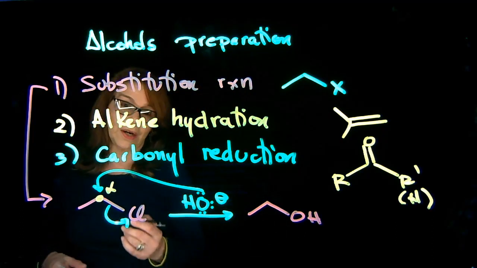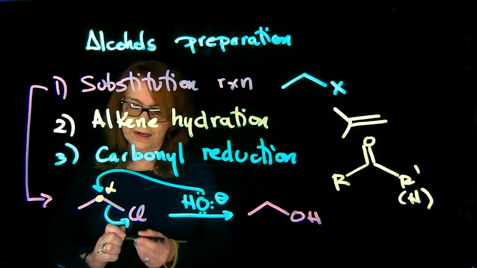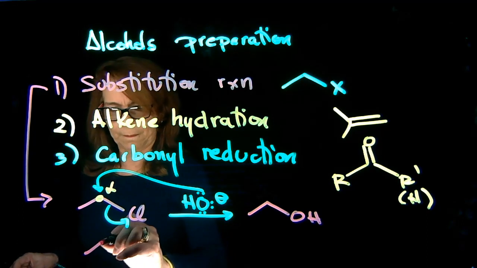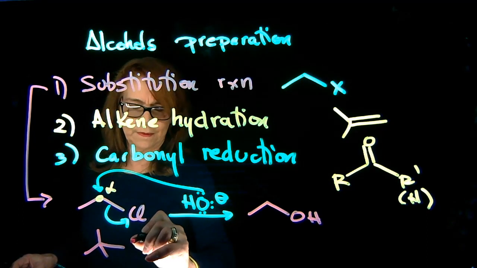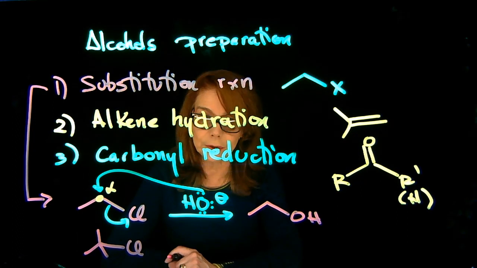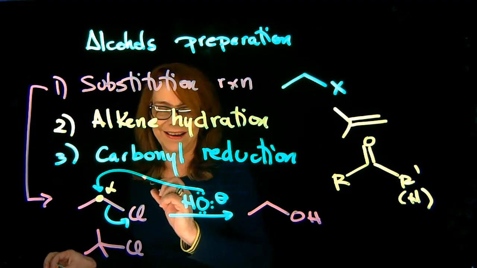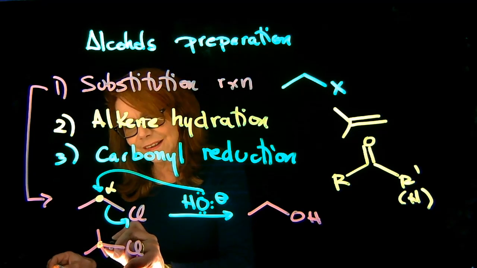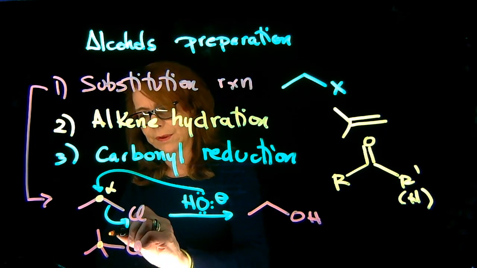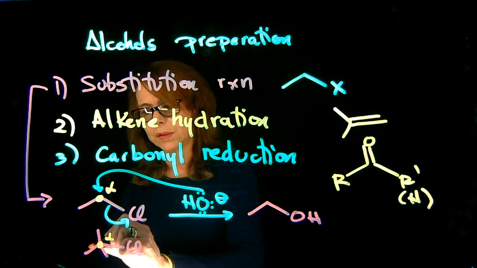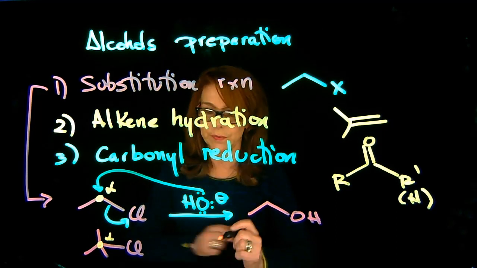Now let's consider another structure. Say that I have now tert-butyl chloride. Now that's a tertiary alkyl halide. So that's my alpha carbon, and as you can see, we have 1, 2, 3 alkyl groups, which are methyl.